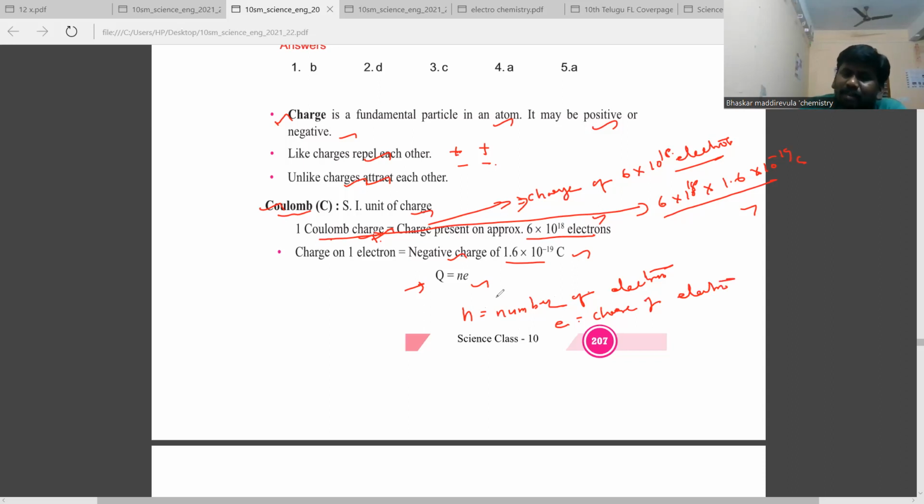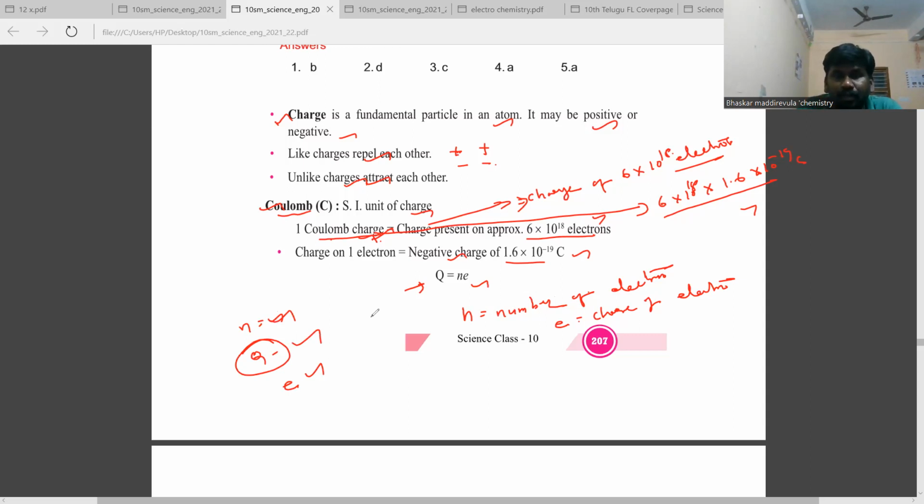Sometimes they will ask questions. For example, they'll give the number of electrons and the electron charge, and they will ask for the amount of charge in a simple way.